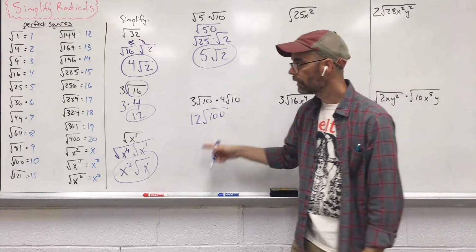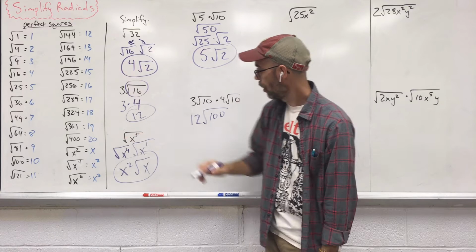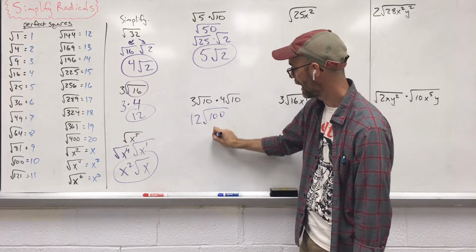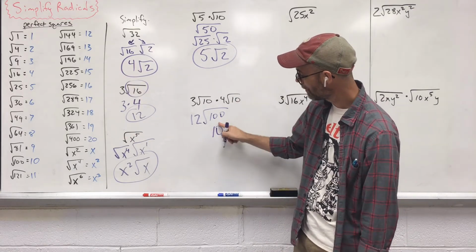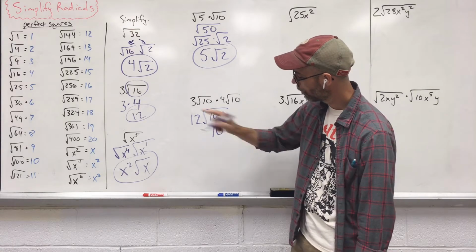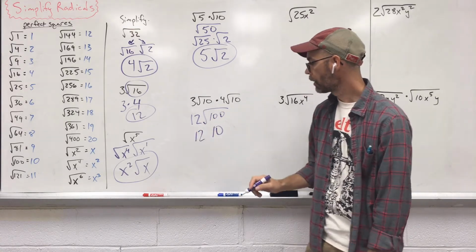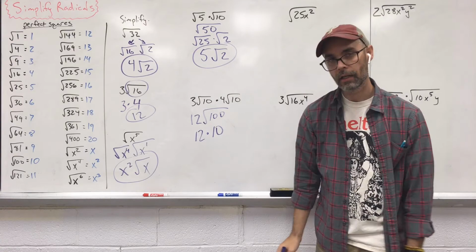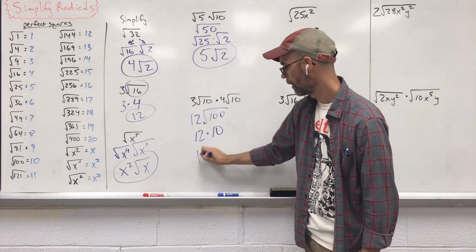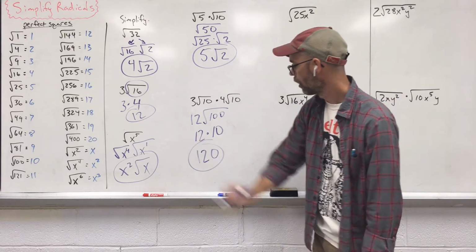This square root of 100 is one of our perfect squares. We know that square root of 100 is 10. But that number of square root of 100 is touching the 12. What does that mean? It means multiplication. I still need to multiply those two things together. Take it one more step, 120.